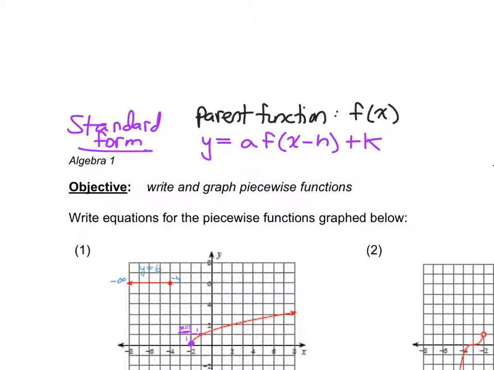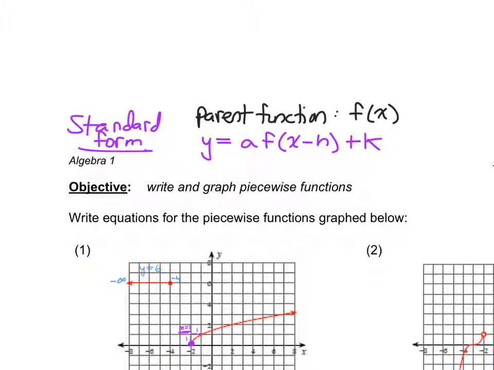That looks complicated, but really all it's saying is this piece here depends on what type of function it is. So if it were a parabola, it would be x minus h squared. If it's a square root, it would be the square root of x minus h. If it's absolute value, it's the absolute value of x minus h. A cubic function, x minus h cubed. But it has the same structure, a, h, and k. Identify those values and you have your standard form.